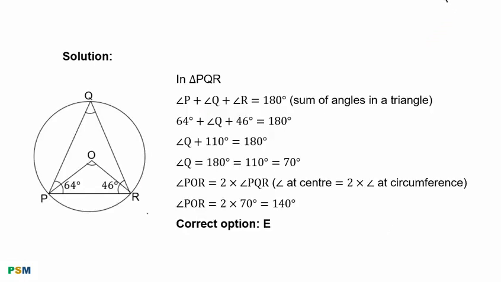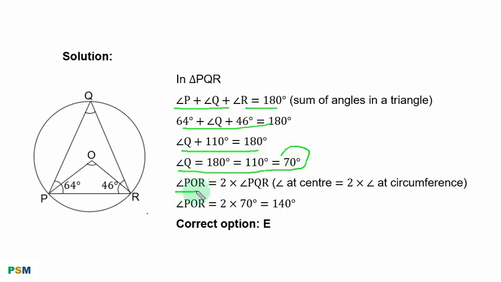Solution. In triangle PQRO, if you add the 3 angles, the sum is equal to 180 degrees. You replace angle P and angle R with what they stand for. You add and you get this result. You collect like terms. Angle Q is equal to 70 degrees.